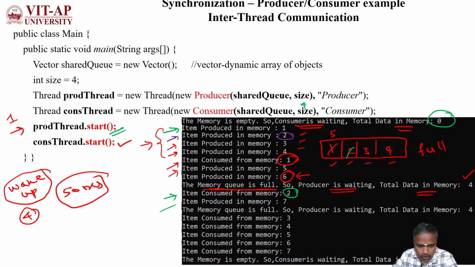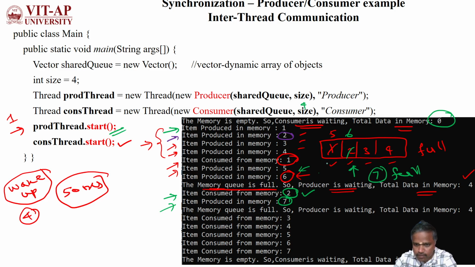That's why you look at that the seventh data is produced. Before that, the sixth data is inserted in the location after removing the 2. This 2 is deleted, then 6 is inserted. Now 7 is produced, but you see the queue is still full.